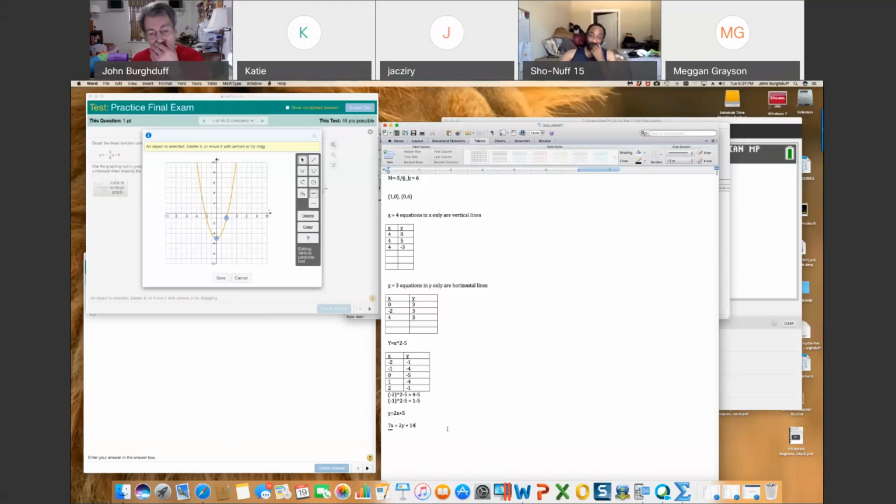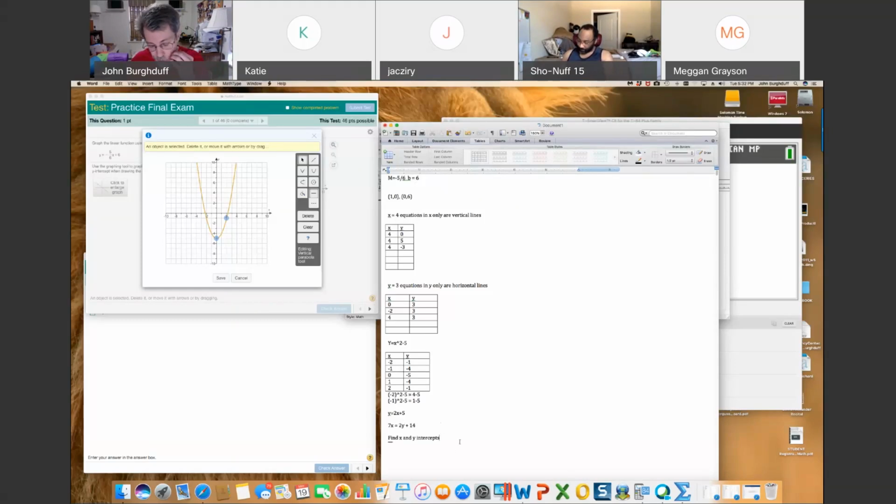Okay, great. So if the equation happens to be written in what we call slope-intercept form, like the very first one we did, just plotting the y-intercept and the slope is good. If it's not written in that form, the easiest way is to find the x and y intercepts.